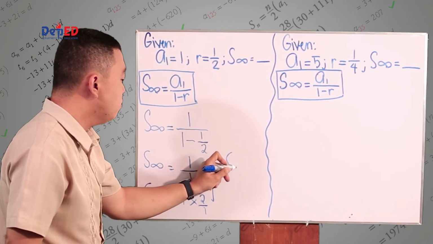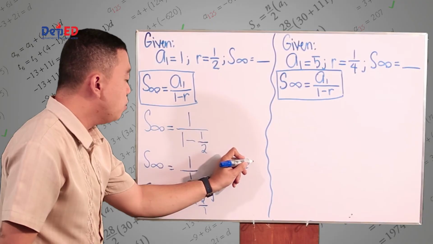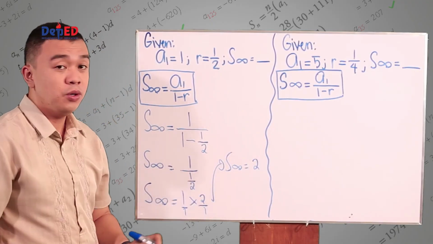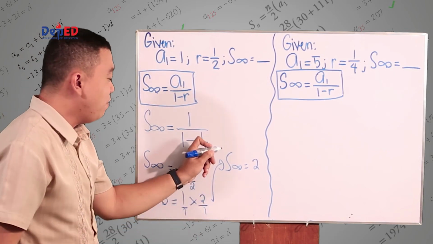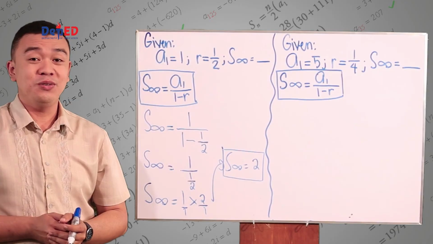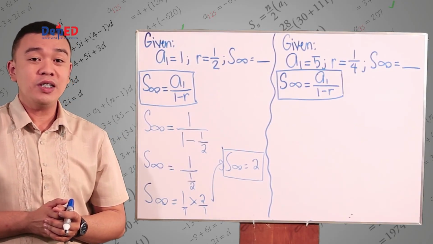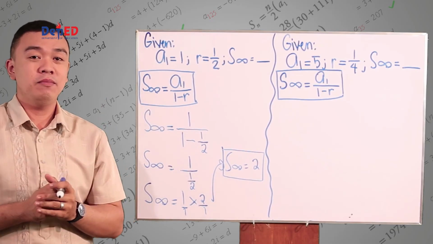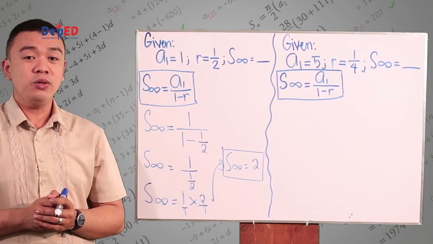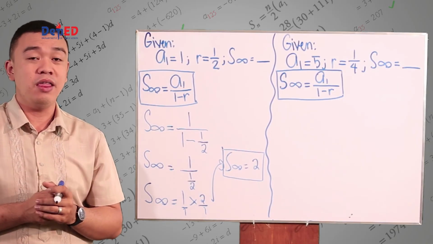So the sum to infinity is equal to 1 times 2, which will give us 2, and the denominator 1 times 1 will also give us 1. So therefore, the sum to infinity is equal to 2. Bear in mind that this formula is applicable only to infinite geometric series when the common ratio is lesser than 1 but greater than -1.